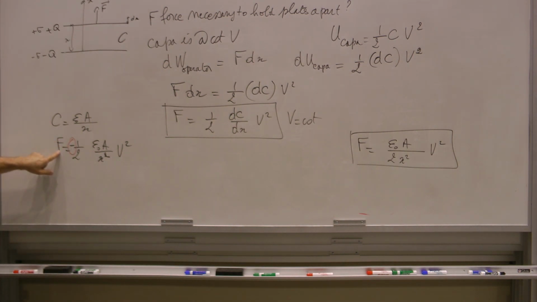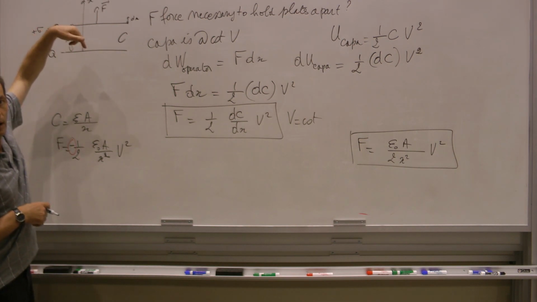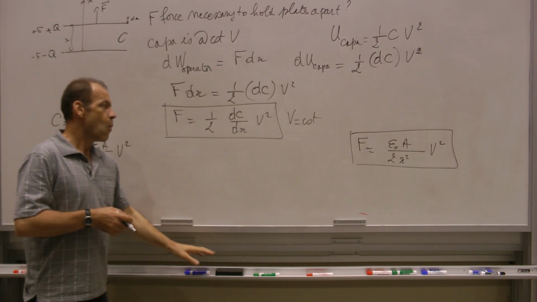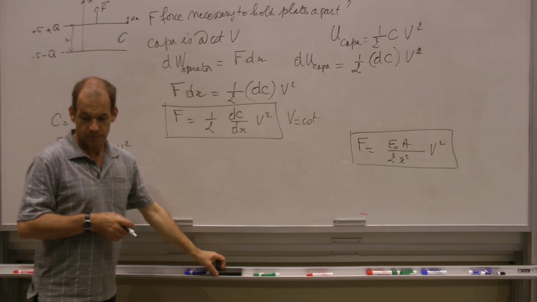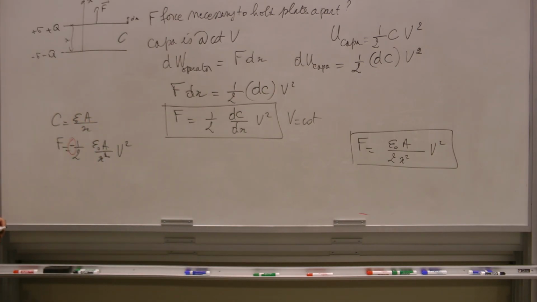This would indicate that actually the force for me to move this would be pointing down. It makes absolutely no sense. What's going on? And that's an interesting problem. That's why I like it, because we need to really reflect on what that means.